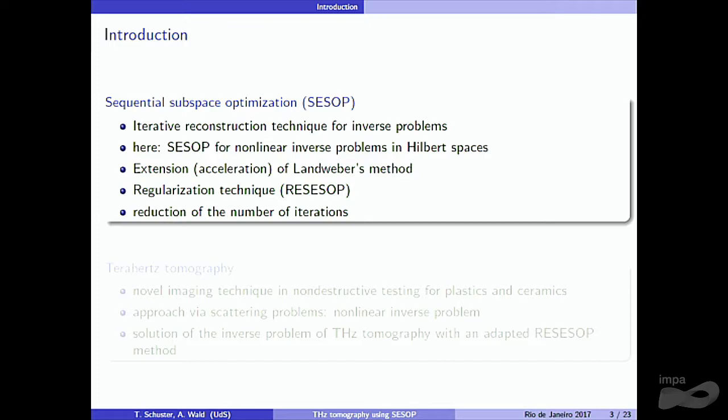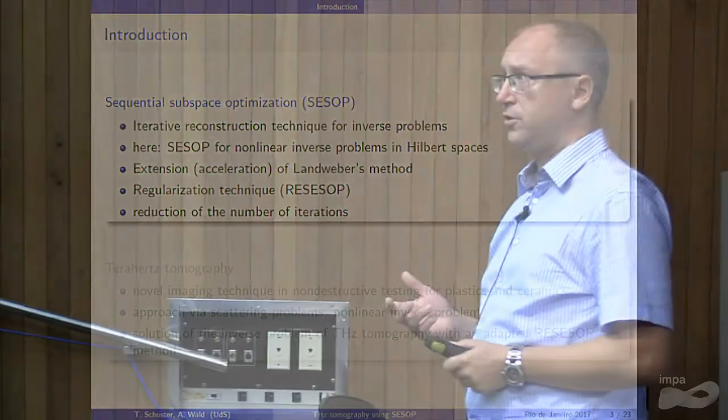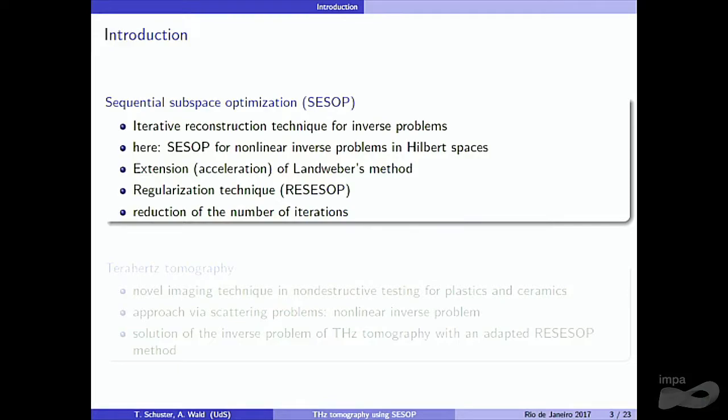So we thought of using an idea which maybe also comes from the method of conjugate gradients, that you use not only one search direction, but more than one search direction. This is the basic idea of the sequential subspace optimization techniques, where first ideas go back to Nemirovski and Ciobanu. They used such a technique to minimize functionals, and we used it to solve operator equations, linear and now nonlinear ones.